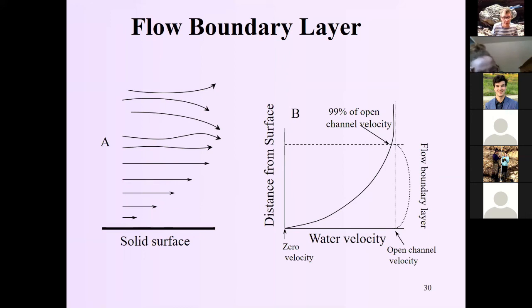At some point, you hit the no slip zone where there's zero flow, right? Where the hydrogen bonding is interacting with the surface and the water doesn't move at all. This is an exponential function. And when we get to 99% of the open channel velocity, then we can say we're out of the flow boundary layer.